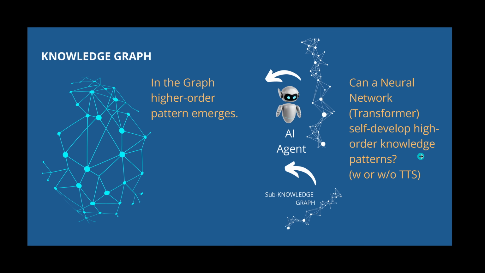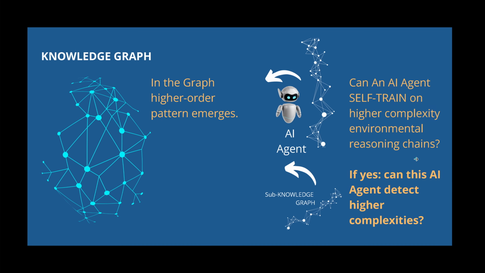So where is the complexity now? We can reformulate this. If an AI agent can self-train itself on a higher complexity input from the environment, so it sees new data, higher complexities are there, we notice it, we want to generate data sets, and we want to self-train an agent.